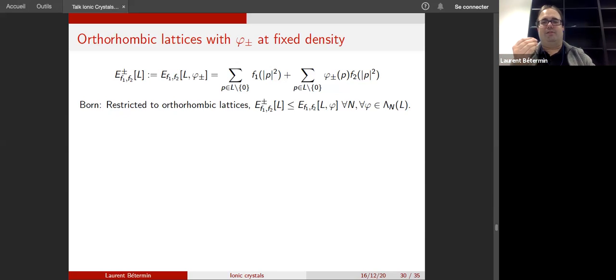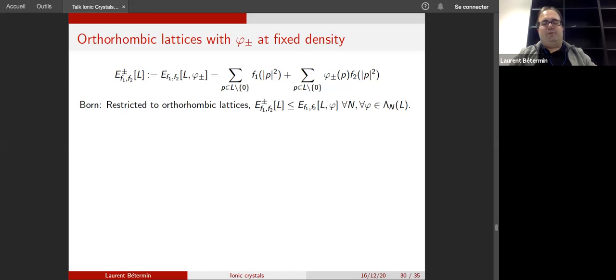Okay, so for orthorhombic, it's fine. I can just focus on the plus minus charge because it's already optimal. So that's what I wrote here, that this energy, for the plus minus charge, is always less than any energy for any phi, right? And that's why it is an interesting case, because now you don't have to optimize among charges, you just have to optimize among lattices.